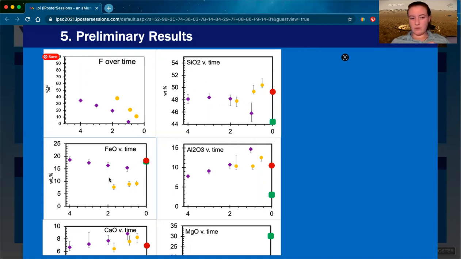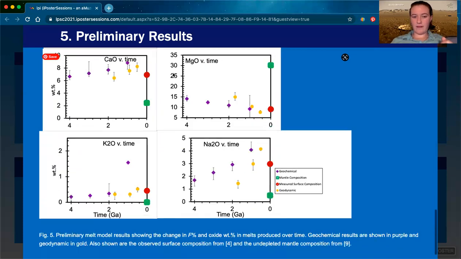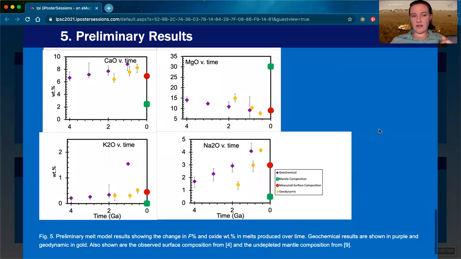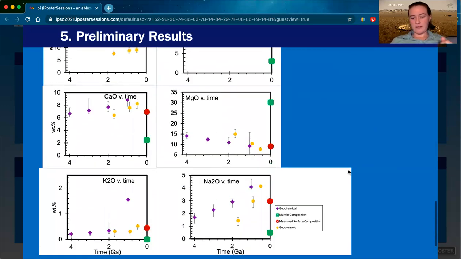Let's say we take the red marbles out of the first bag, or that's taking them out of the mantle. Then we put those red marbles into the second bag, into our crust bag. And so we're saying, how has the composition, how is the number of red marbles compared to all of the marbles changed in each bag over time? And that's what this melt model is telling us, but for calcium, magnesium, potassium, etc.